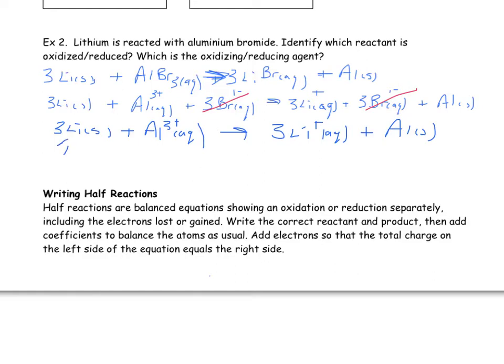Because the lithium loses electrons, it gets oxidized. And because the aluminum gains the electrons, it becomes reduced.